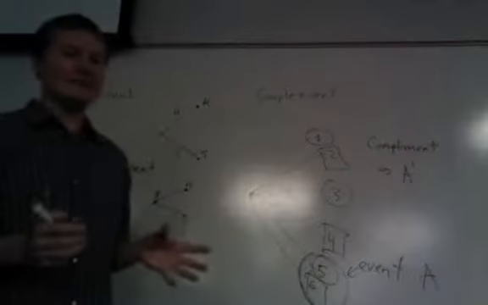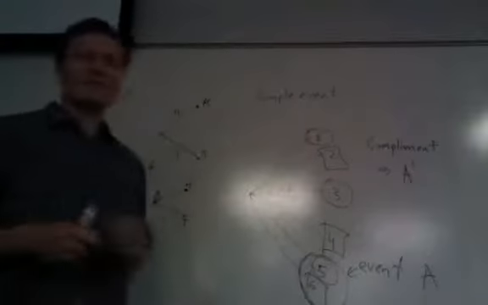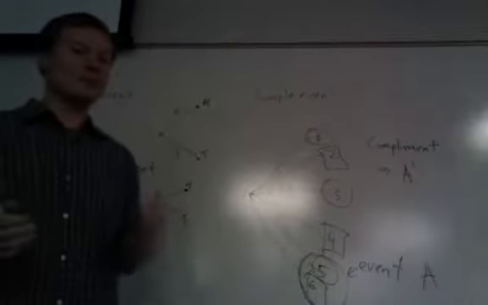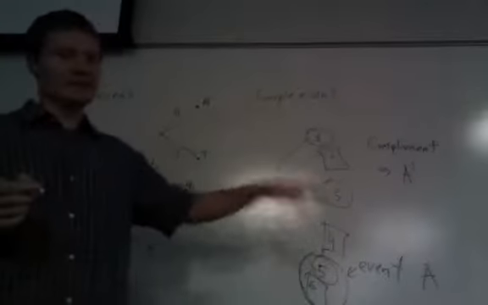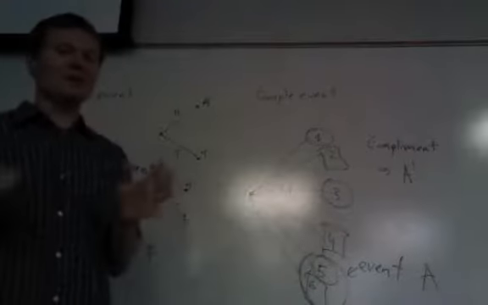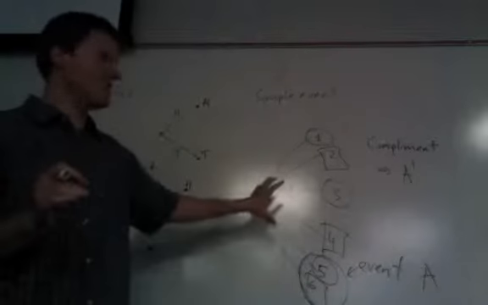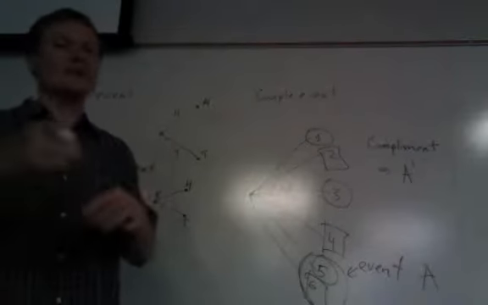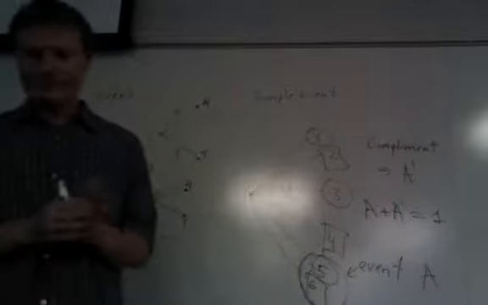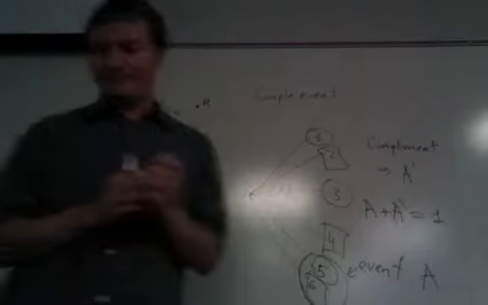So that's a complement. My event is A, get 5 or 6, anything else is A prime, a complement to A. Of course, A plus A prime always equals 100%. I'm 100% certain that I will get either A or A prime, an event or a complement to that. That's 100% certain. Equals 1, 100%. So that's a complement.